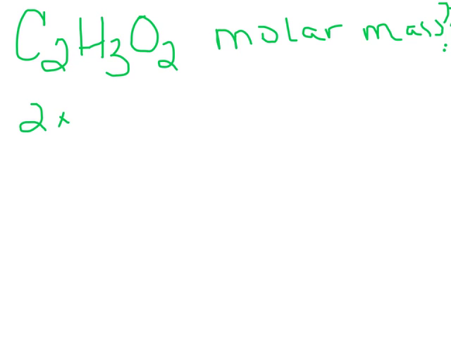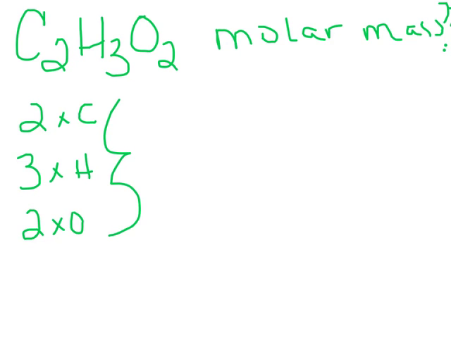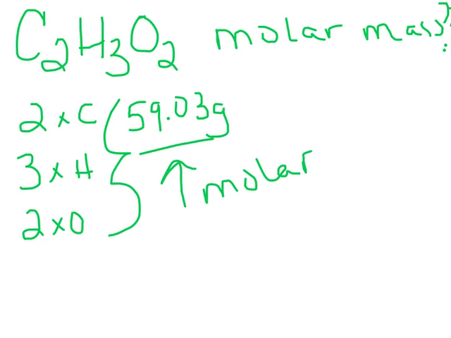There's 2 C's, there's 3 H's, and there's 2 oxygens. I'm just going to speed this part up. You're going to add them all together, do the math, and you're going to get something like 59.03 grams. Things are going to be different if you use different rounding, but you're going to get a value roughly like that. And this is the molar mass of your empirical formula.